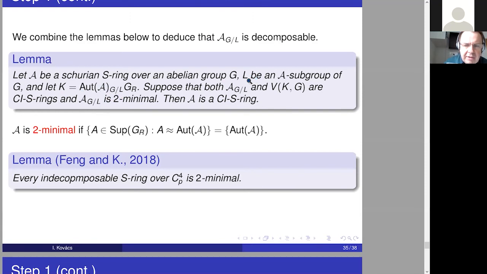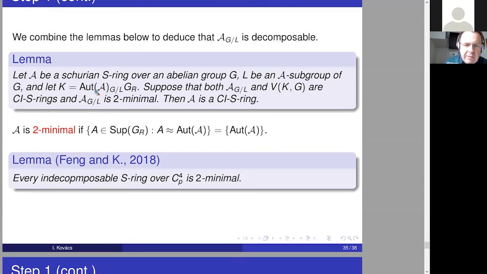So L is an A-subgroup. That means the full automorphism group acts on the cosets of L. So the cosets of L form a block system for this group, and you get the action on this block system. So this is the group which fixes each coset.